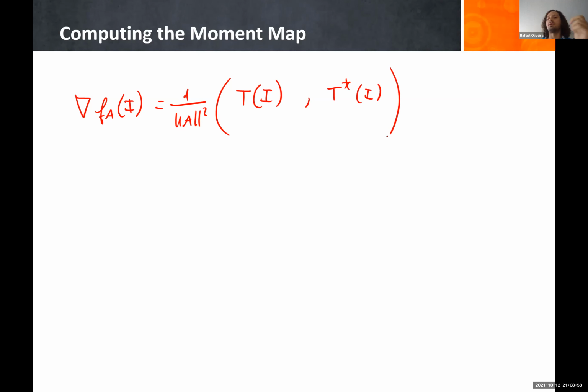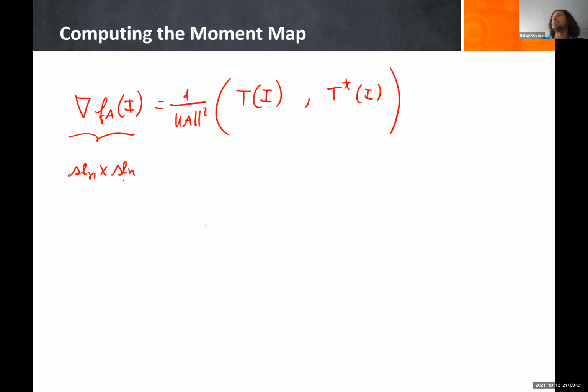So what is going on here? Well, what's going on is that we didn't tell you where this guy lives. But if you remember from Ramada's talks, this gradient has to live in the dual of the Lie algebra, which we can identify with the Lie algebra. So this guy is in SL_n cross SL_n.